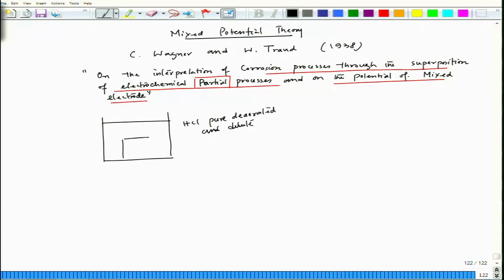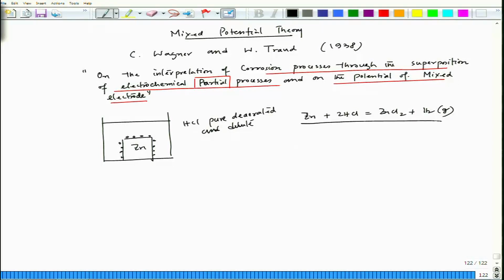In that case, I have put a zinc piece, and immediately I could see that hydrogen bubbles will form on the metal surface. Now, if I analyze this, I will see that this is the actual reaction that takes place.